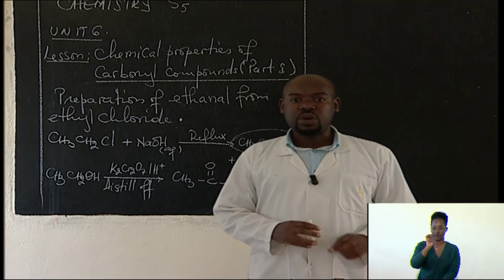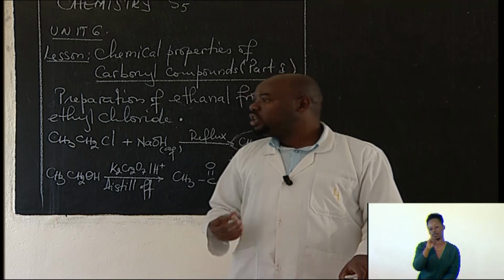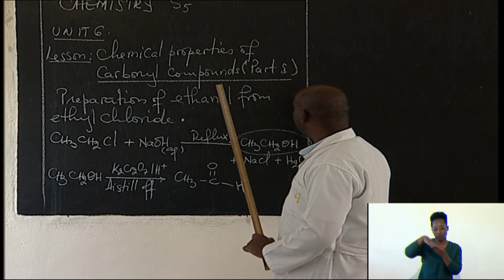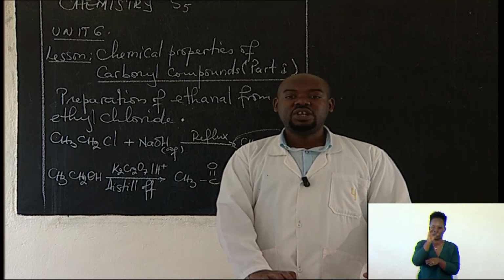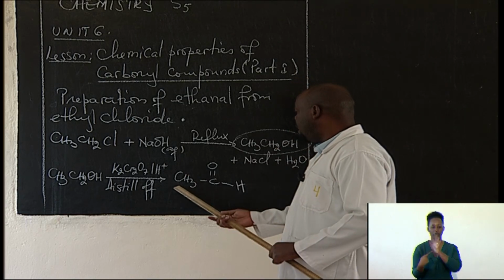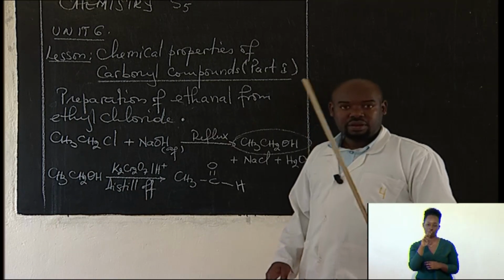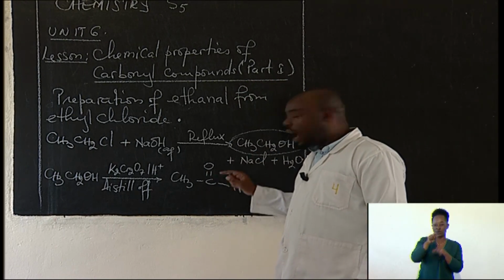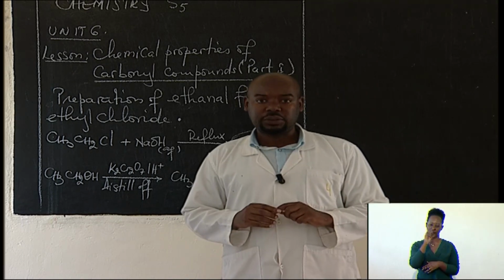Now, let me ask you a question. What do you think is the connection, the relationship between this activity and our new lesson, chemical properties of carbonyl compounds? What is the relationship? Here we are showing how carbonyl compounds can be produced. And from the same equation, you can remember how we prepared alcohols from carbonyl compounds.